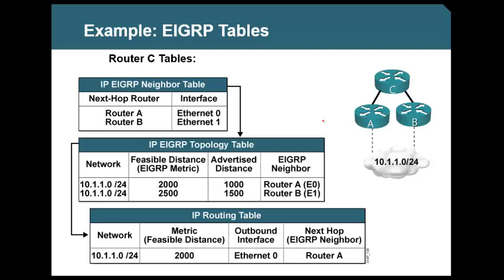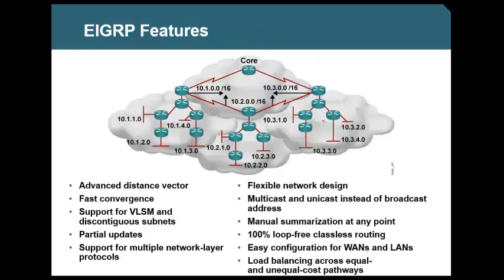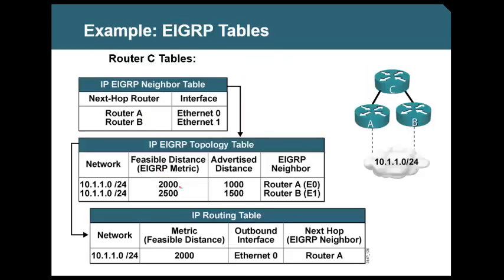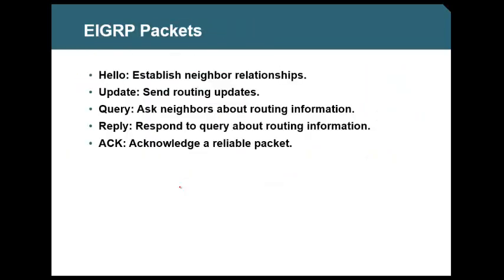So it takes some time to send the query, wait for the reply, and then use the route. So there will be packet drops. So though we learned a topic called fast convergence, fast convergence is only possible if you have a backup path. If there is no backup path, there will be query and response, which will take some time for convergence to happen.